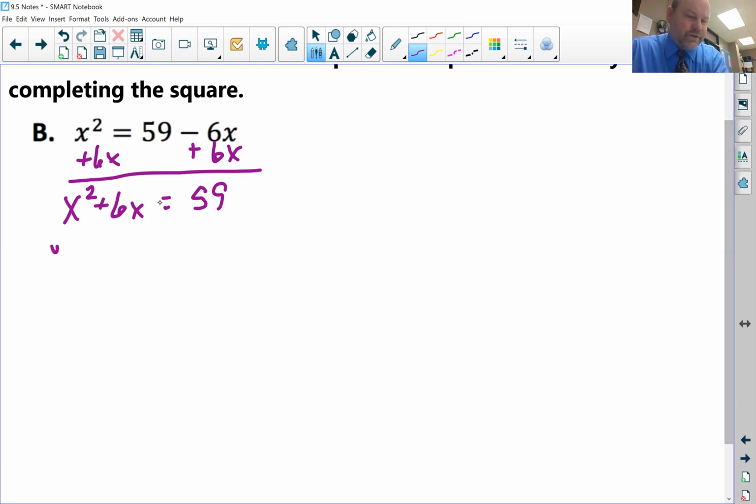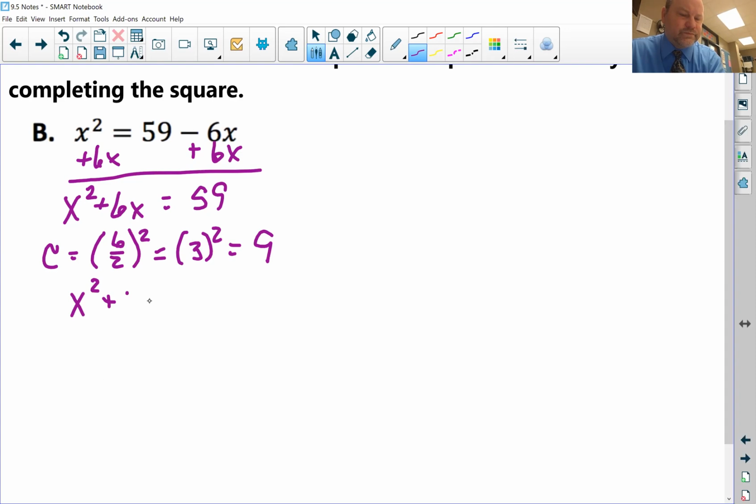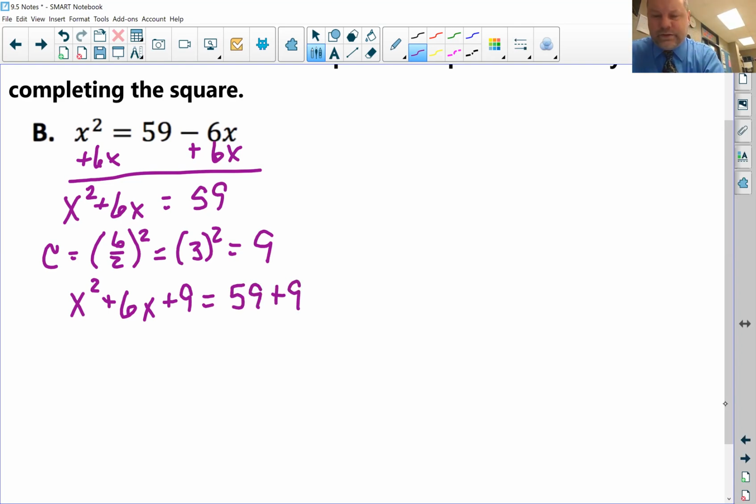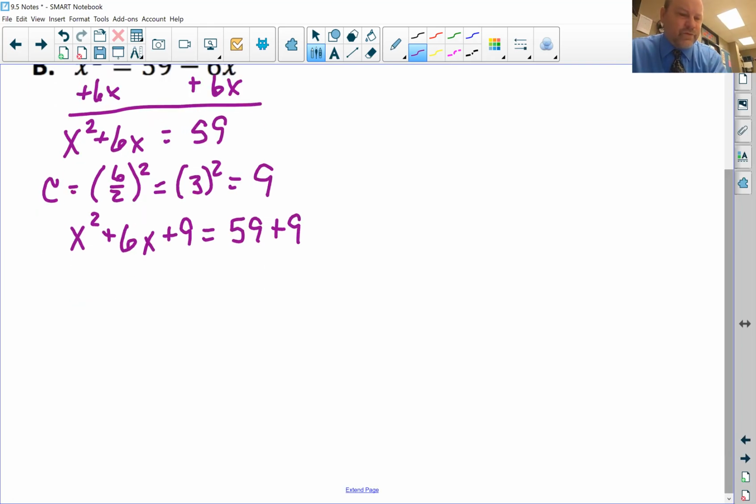Find my value of C, and we've done this one a few times. 6 divided by 2 squared, which would be 3 squared, which is 9. Add 9 to both sides. In factored form, this becomes x plus 3 squared, and that's 68.